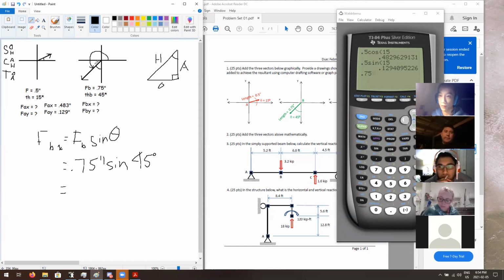This is 45 because 90 minus 45 is 45, plus this 180. 180 plus 45 is 225. If that was the case, then we would do cosine.